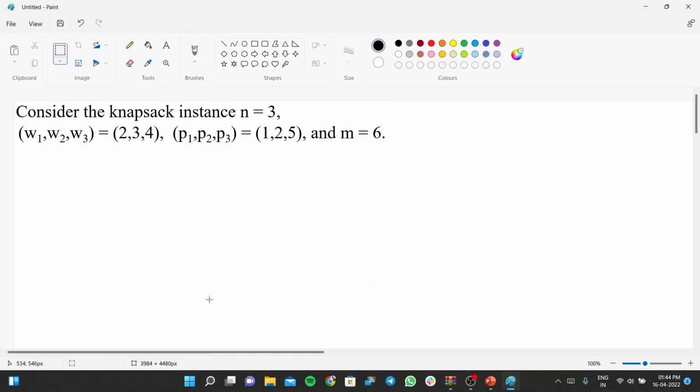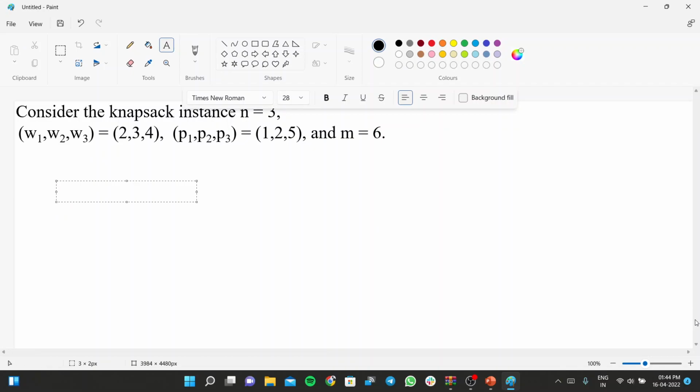So this is a problem. We need to start from the initial weight of the bag, so the initial weight of the bag is 0, 0, in the form weight comma profit.